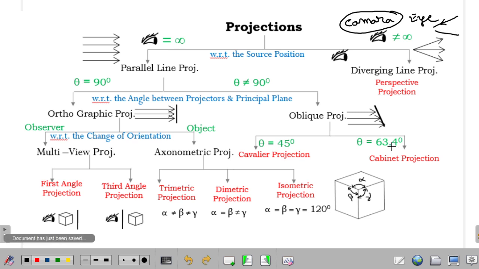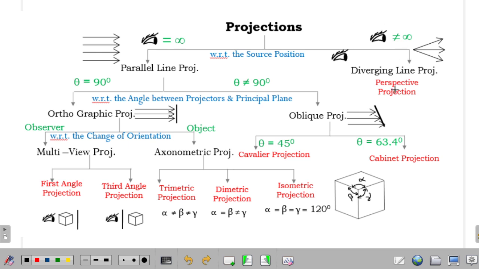Similarly, if you consider a camera, from here light is passing through like this. Whenever this light falls on the object, only then can we capture the picture. So the best example is a camera or human eye, or we can take cinema as an example.